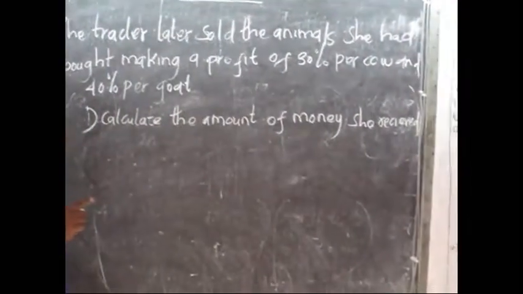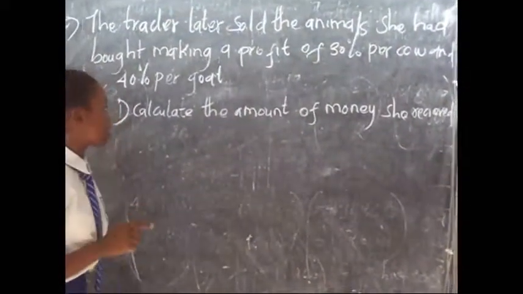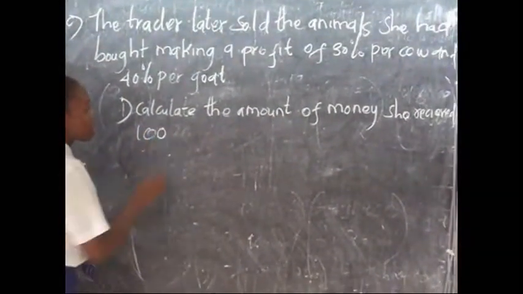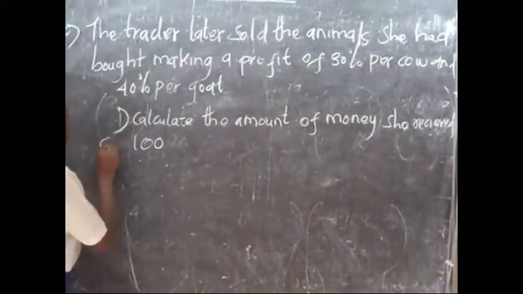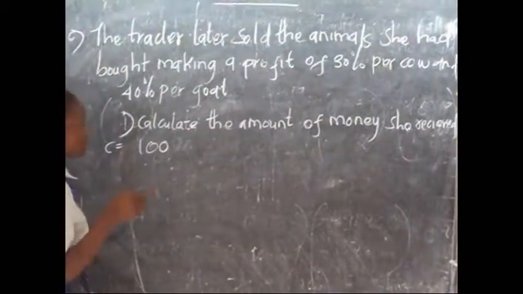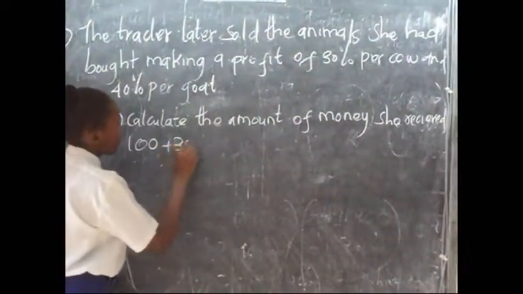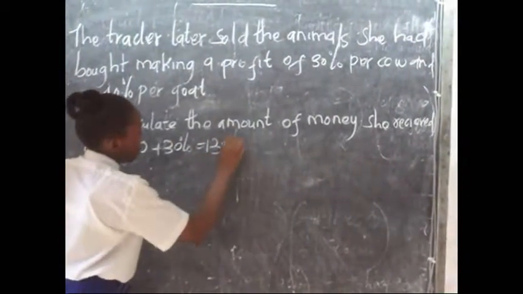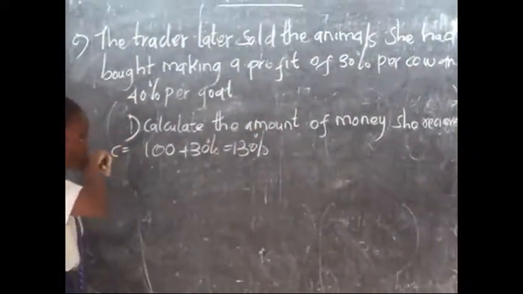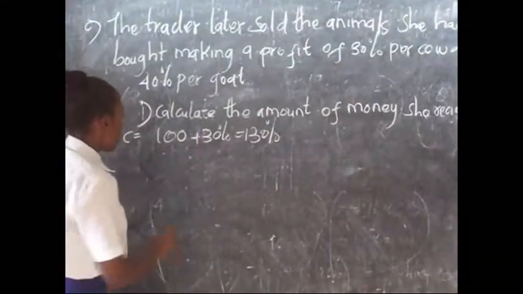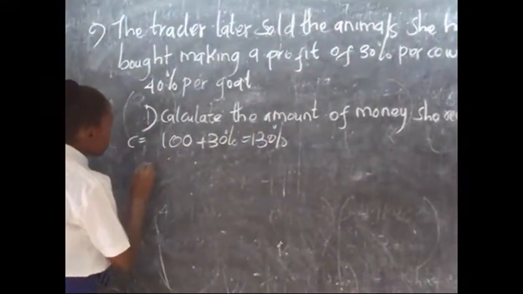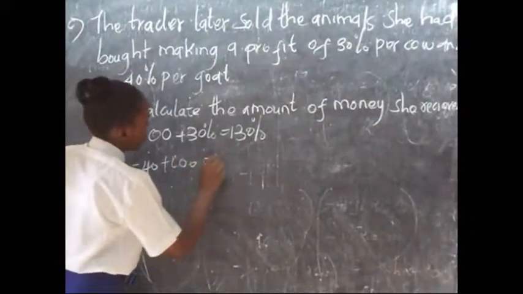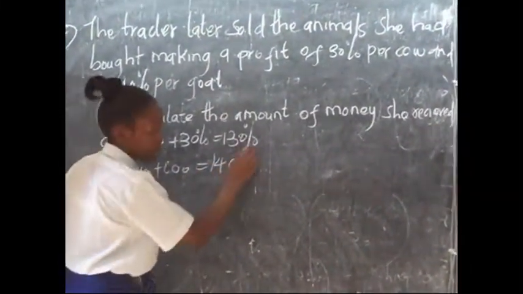Calculate the amount of money she received after the percentage. So before the increase, it was 100%. After the increase of the cow by 30%, it will be 100 plus 30%, which is going to be 130%. And for the goat, it's going to be 40 plus 100, which is going to be 140%.